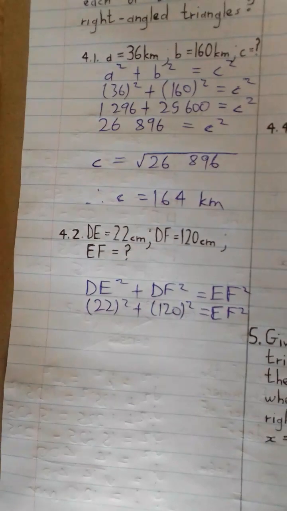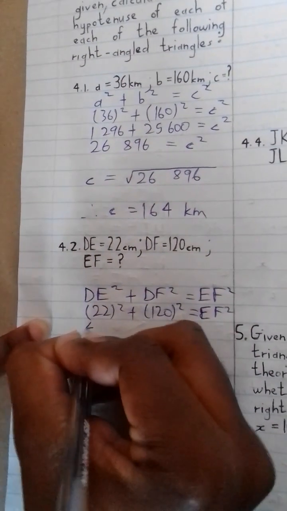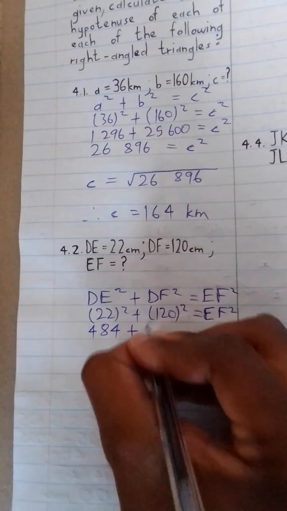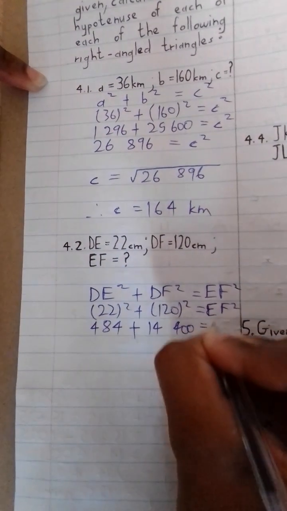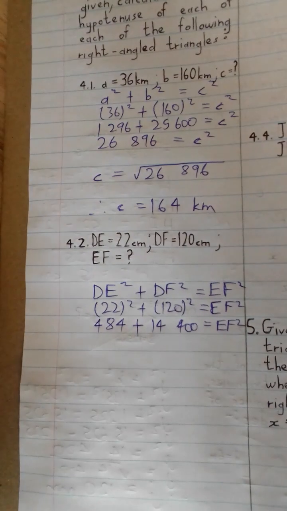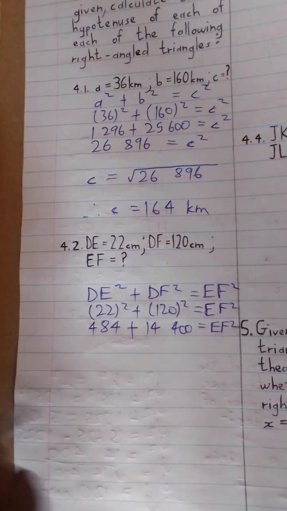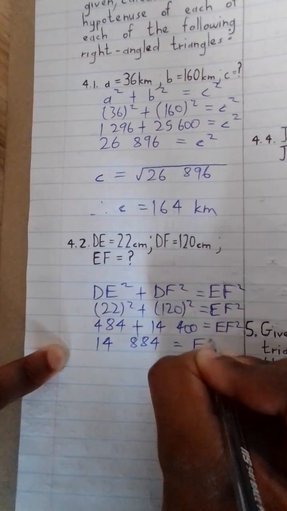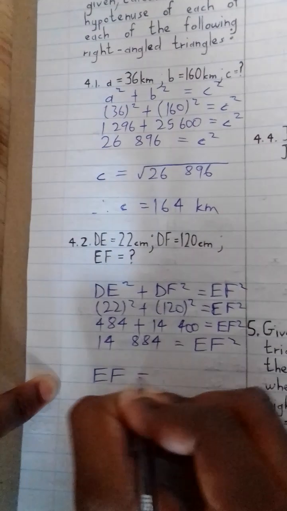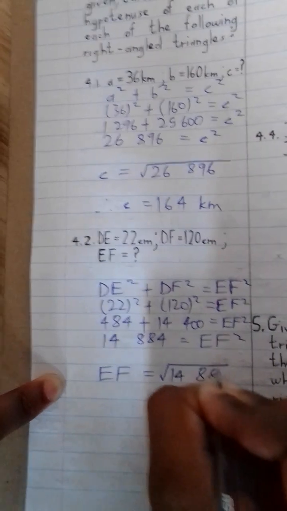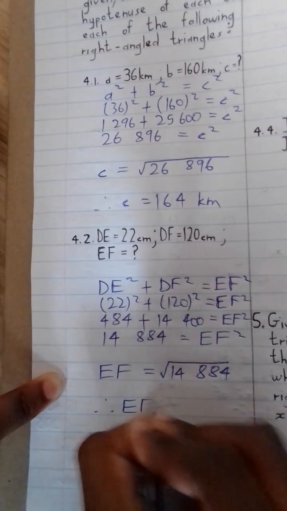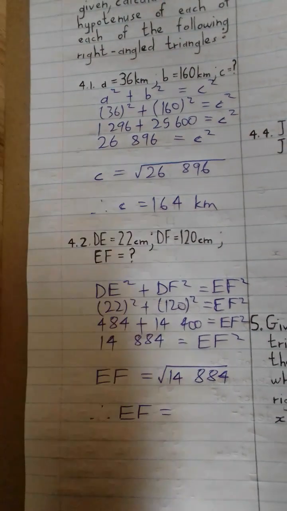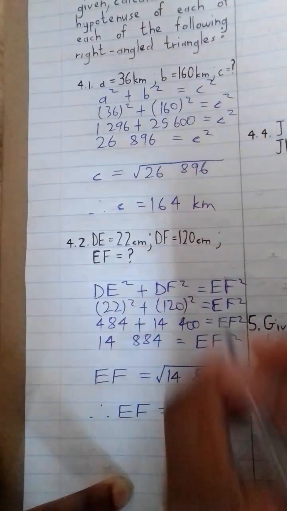EF squared. 484 plus 14,400 is 14,884. EF is the square root of 14,884. EF is 122 units, centimeters.